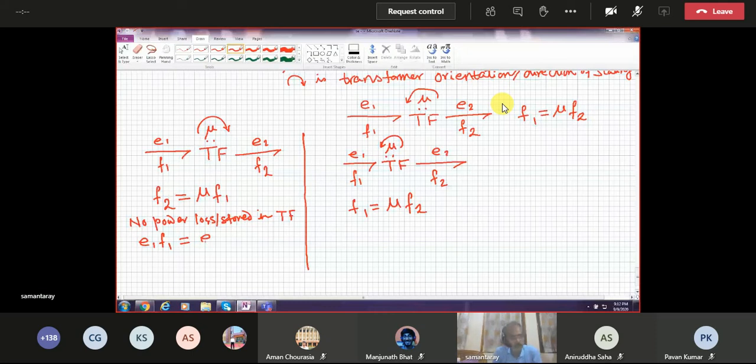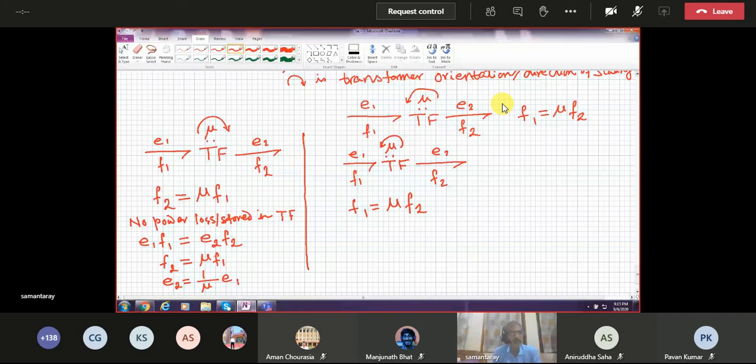With F2 equal to mu F1, we now have E2 equal to 1 by mu times E1, so that E2 F2 equals E1 F1.